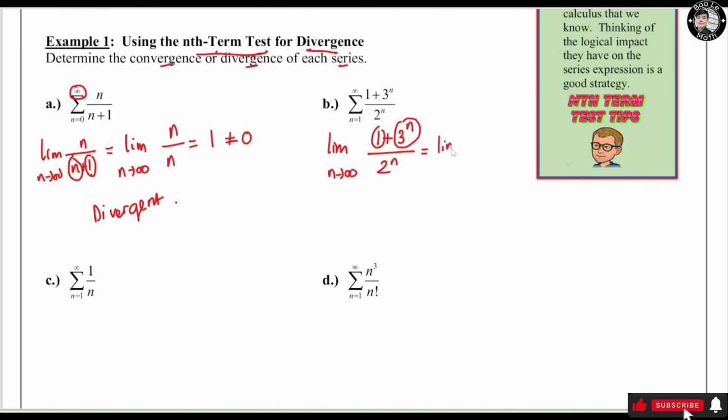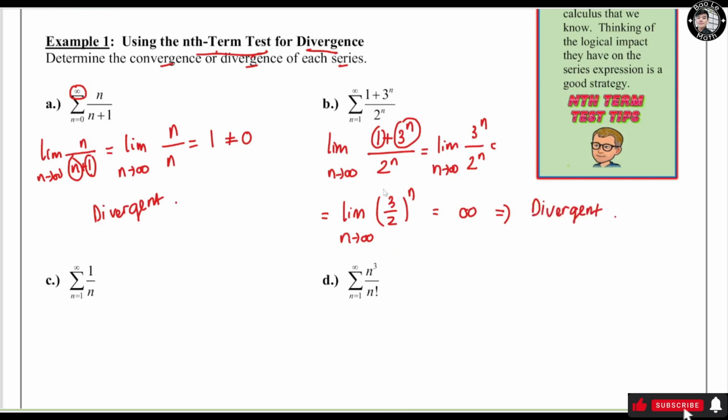So we have the limit of 3 to the n over 2 to the n, which is the limit of 3 over 2 to the n when n approaches infinity, and it's going to be infinity, right? So by the n-term test for divergence, this series diverges, right?